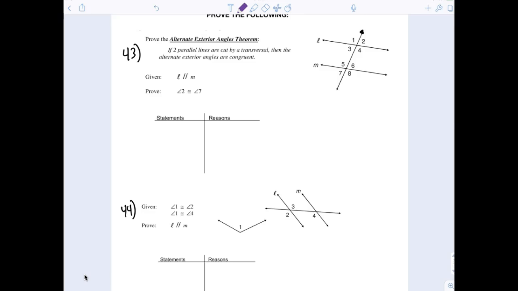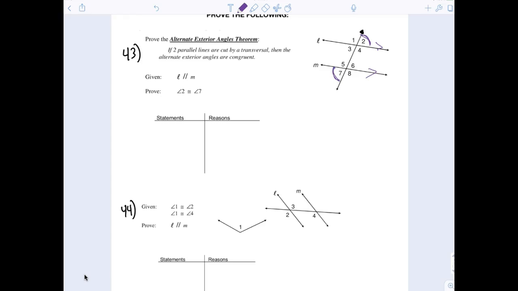You just can't say they're alternate interior angles, therefore the lines are parallel. That's what you're trying to prove. So it says L is parallel to M.